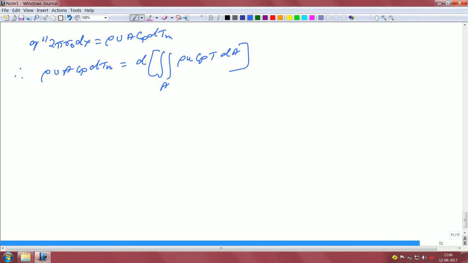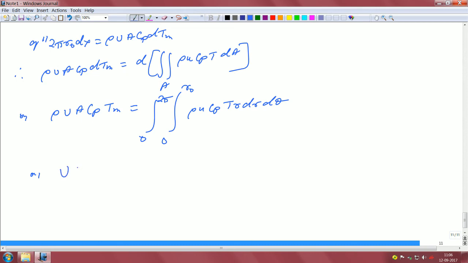Okay. So, in other words, rho u A Cp Tm, we basically have to integrate over the two variables, rho u Cp T r dr d theta, right. This is the area, or in other words, this will be u pi r naught squared. This is the area, not the average area, okay, times Tm, is equal to the integral from 0 to 2 pi and 0 to r naught of u T r dr d theta.